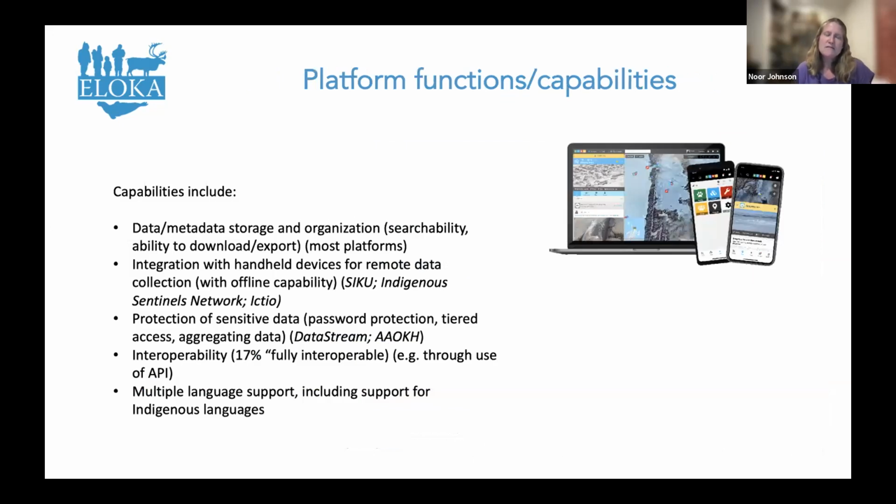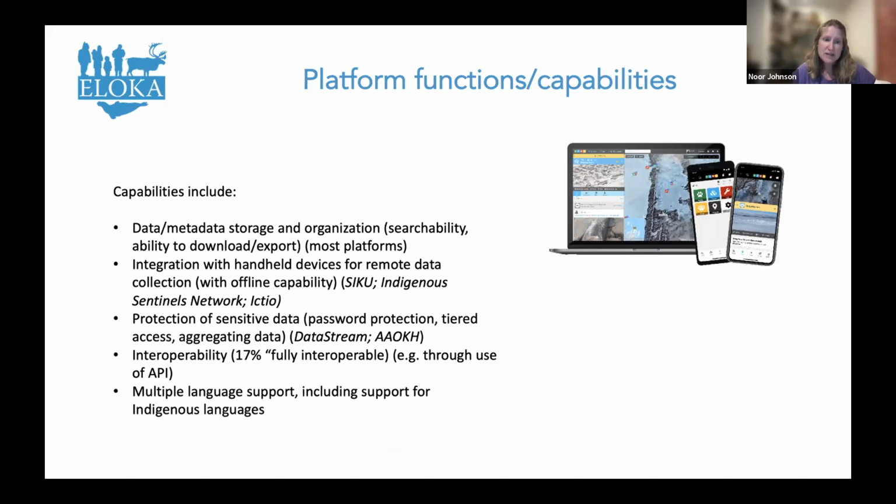The capabilities and functions that people described wanting their platforms to have, and selecting platforms based on, at a basic level, were data and metadata storage and organization, including searchability and the ability to download and export data.